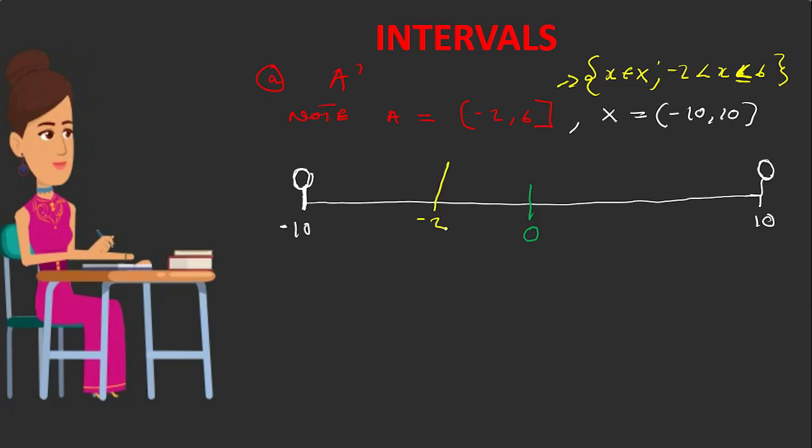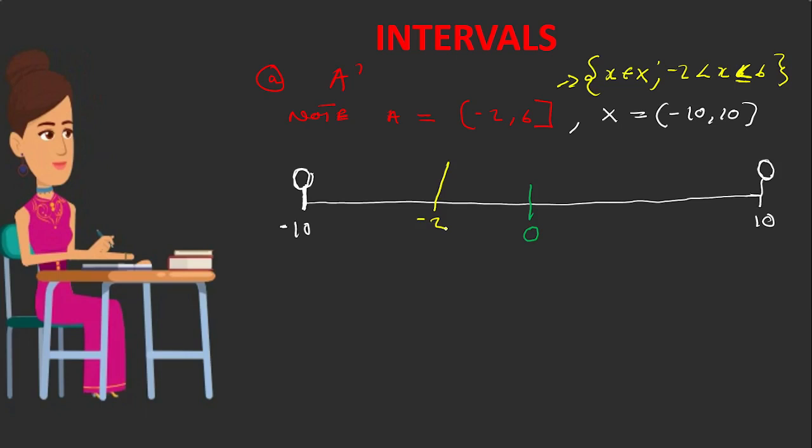Then I'm going to read what bracket is on -2. It is open, so I'm going to use that circle there. What bracket is there on 6? It is closed, so I'm going to use a shaded circle like that. Then I'll link them like that.